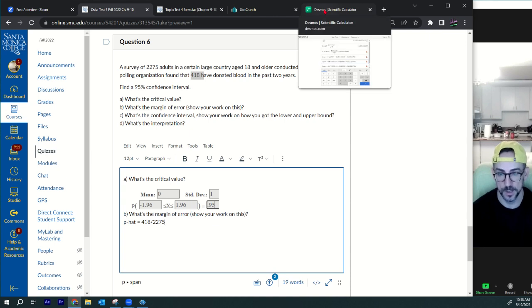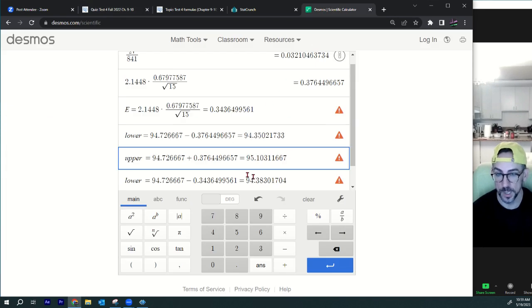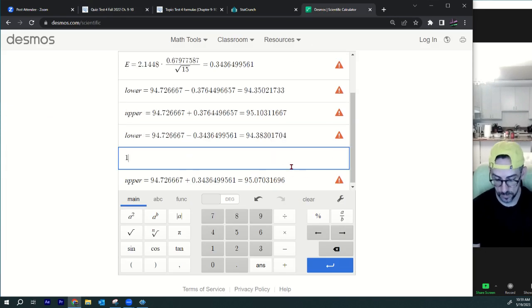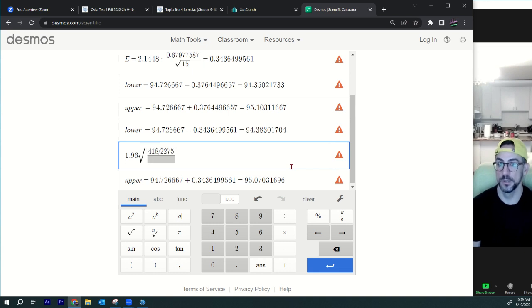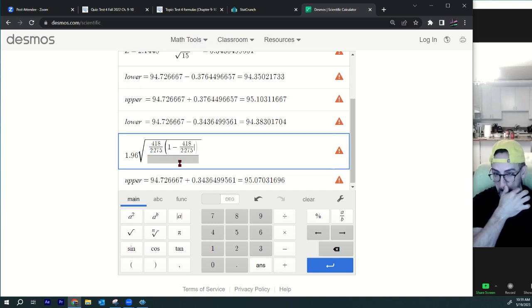So watch this now. This is my P hat, right? Control C, 1.96, watch. We're looking for the Z star, my bad. So square root, Control V. I don't like how that did that, so I'm gonna do it like this. Right arrow, and then parentheses, 1 minus, Control C, Control V, 2275.